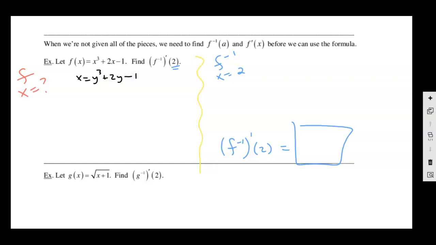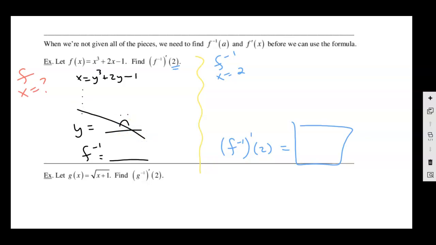If I switch the x's and the y's, I could try to do the algebra to get y equals, which would mean there's my inverse function. But that's not going to be very easy or really possible, because I've got a y cubed plus 2y, and that wouldn't be very possible for us to solve for y.